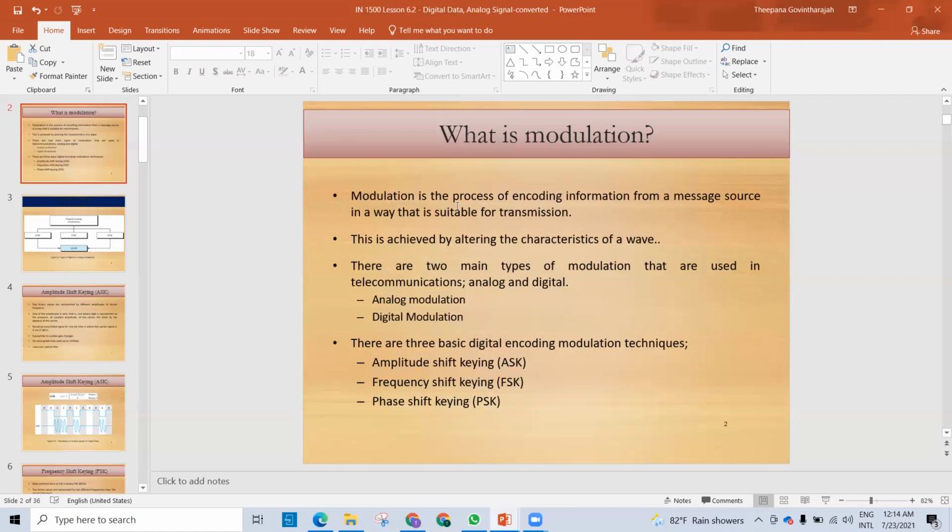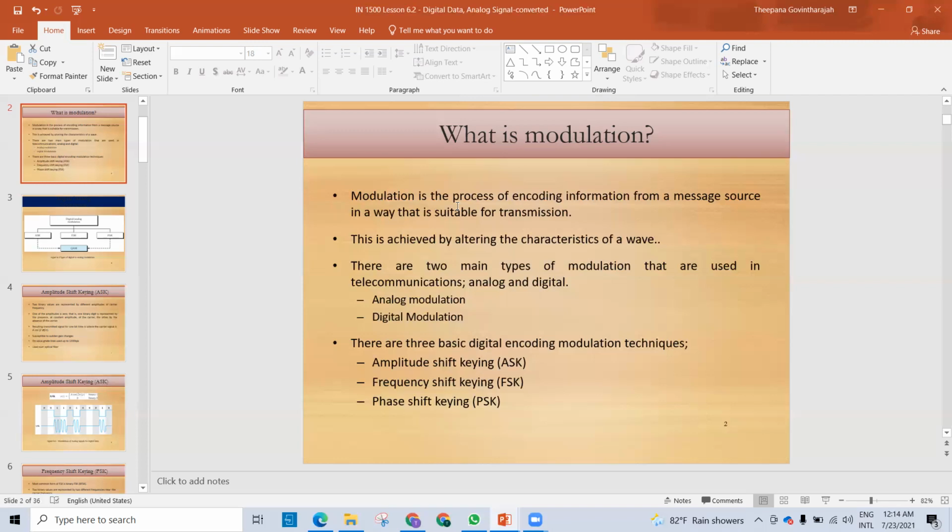Analog modulation, in the sense, is where analog data is transferred into analog signals. For example, amplitude modulation, frequency modulation, etc. We can see the analog modulation in our later videos. In this video, we are going to see about digital modulation.